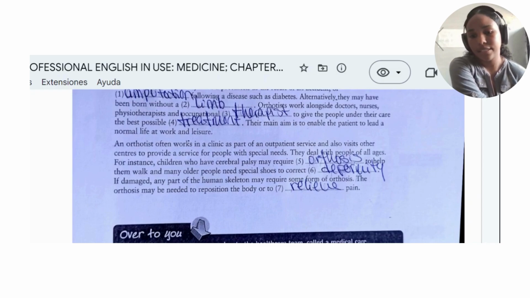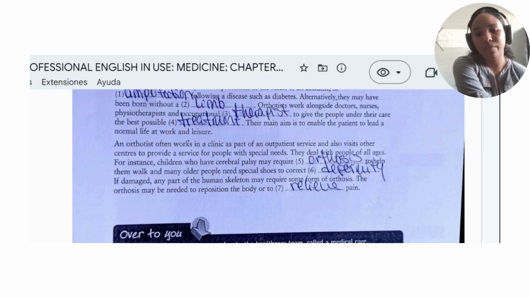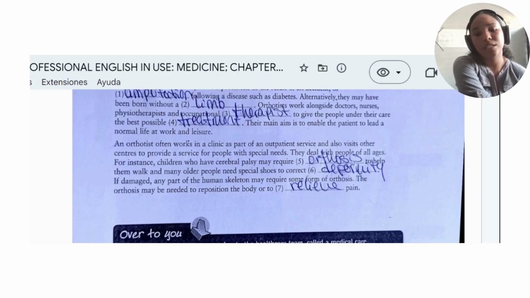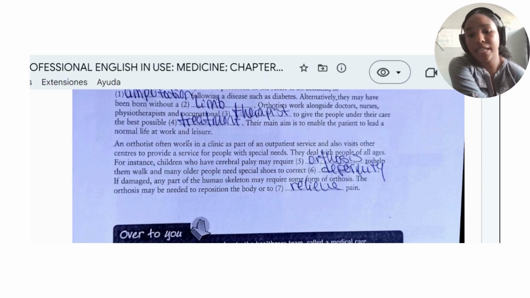For instance, children who have cerebral palsy may require an orthosis to help them walk, and many older people need special shoes to correct deformity. Damage to any part of the human skeleton may require some form of orthosis. The orthosis may be needed to reposition the body or to relieve pain.